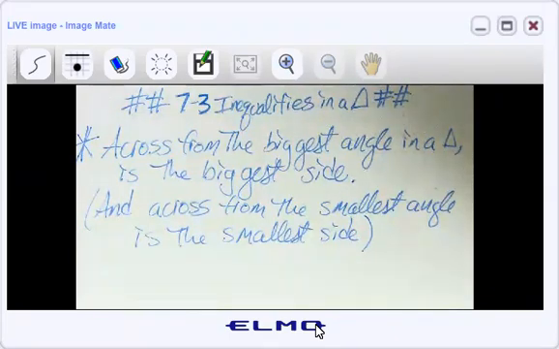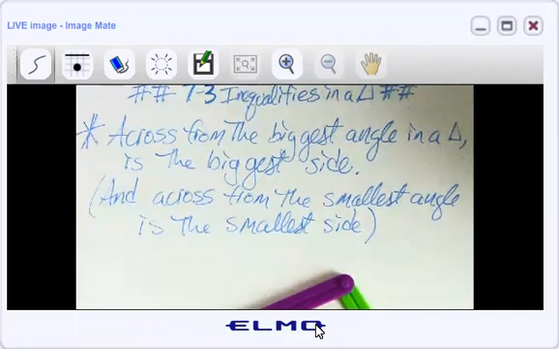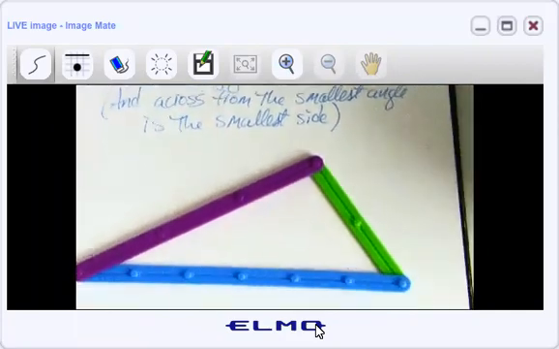And let me just switch this. Okay, so let's take a look at this triangle that I have right here.